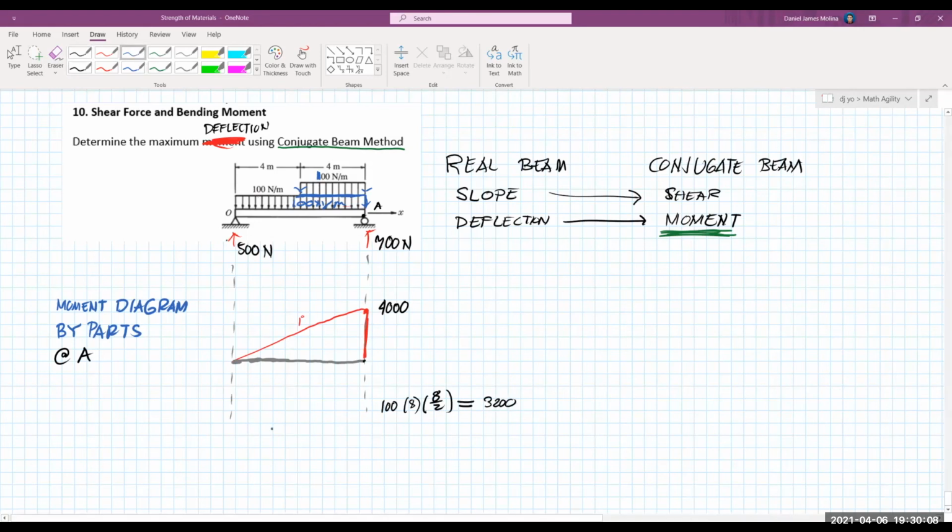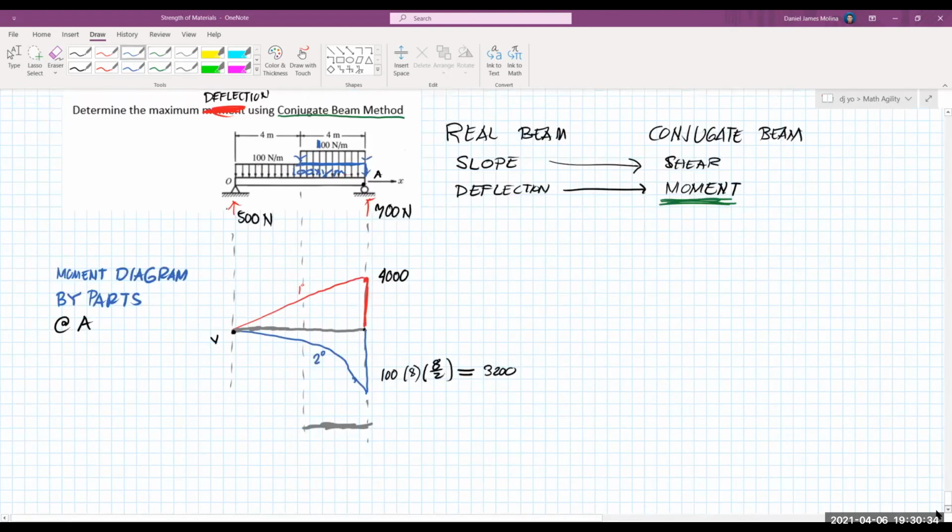And since the loading is horizontal, the moment diagram will be second degree. So it's a parabolic spandrel. This will be the vertex. And then let's project downwards here so that we can solve for the last moment.